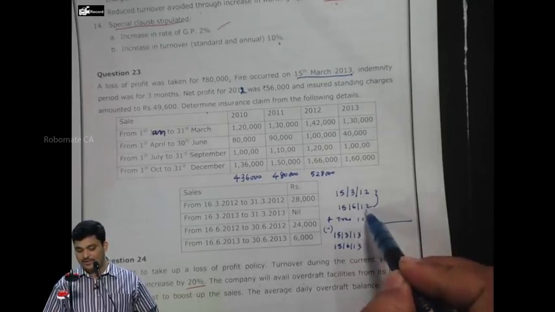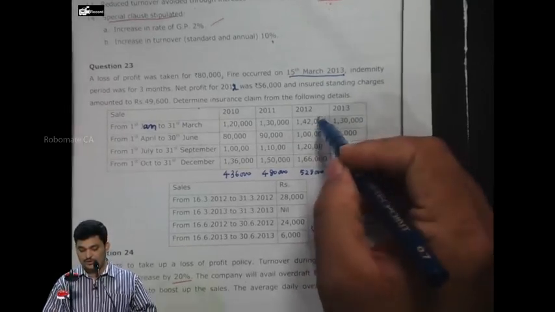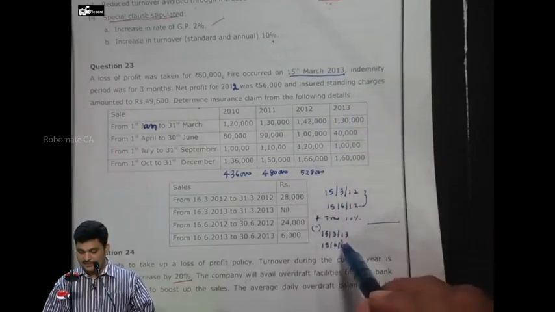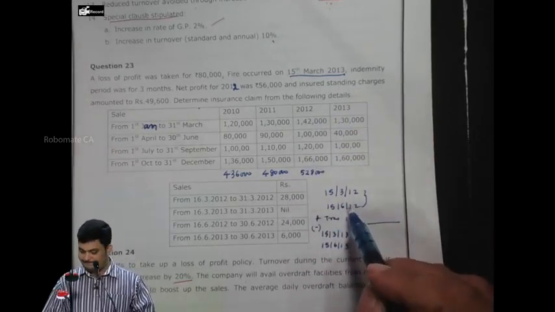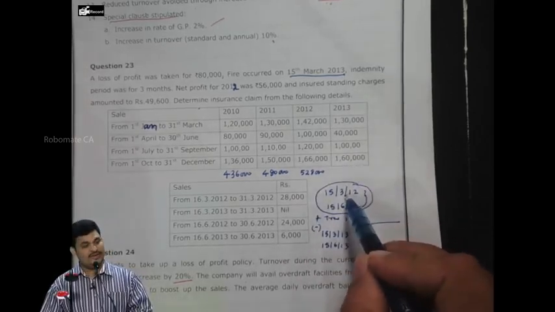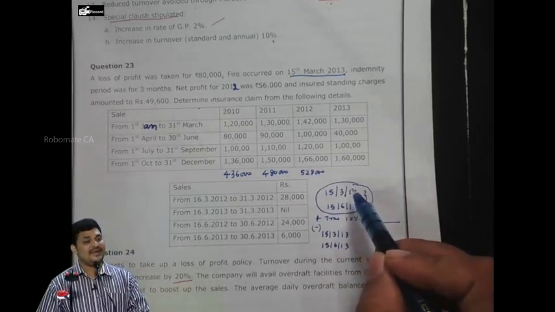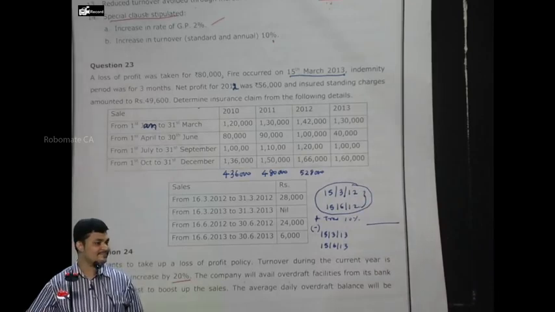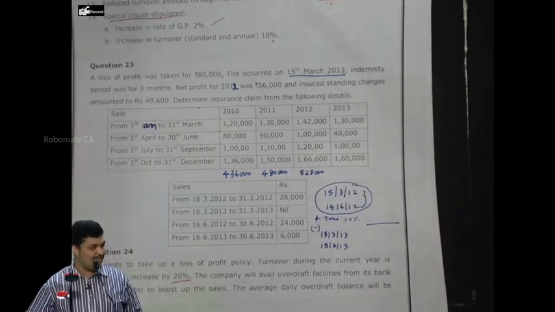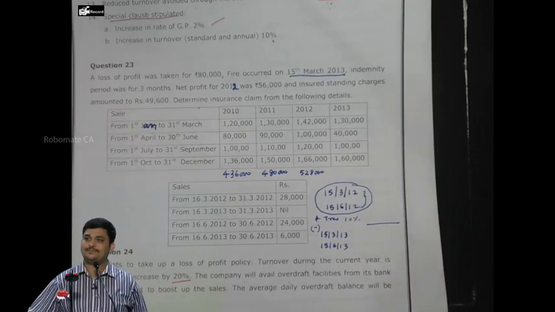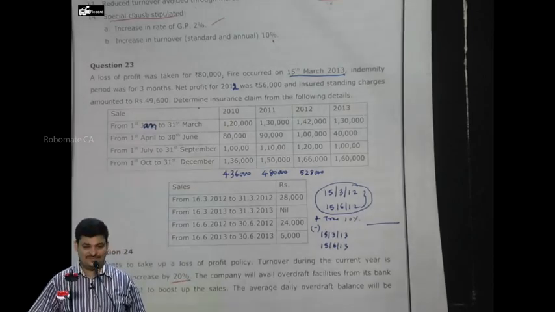15th March 2012 to 15th June 2012. Go to 2012. I find this period is actually the last 15 days of first quarter and the first 2.5 months of second quarter.